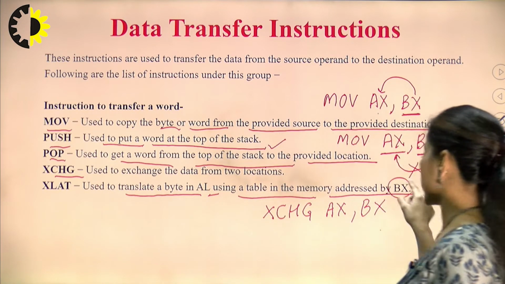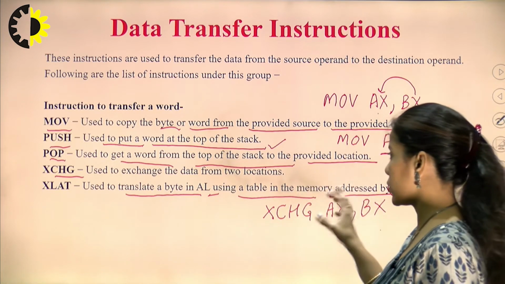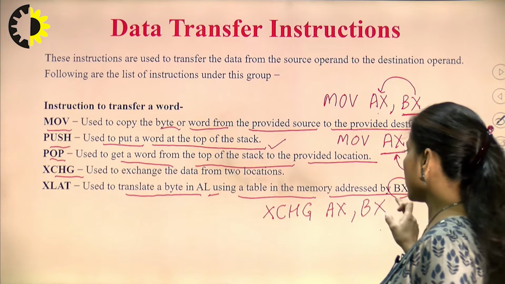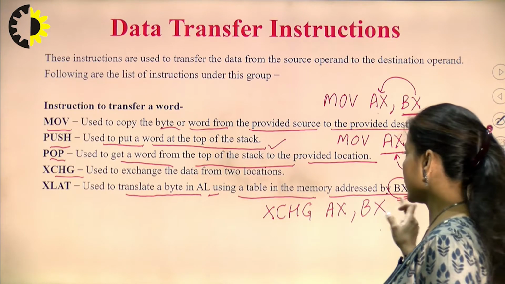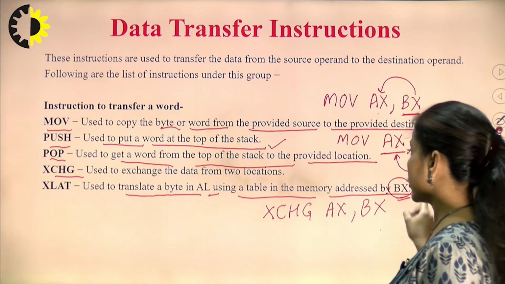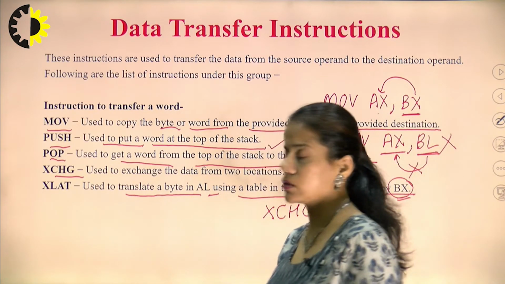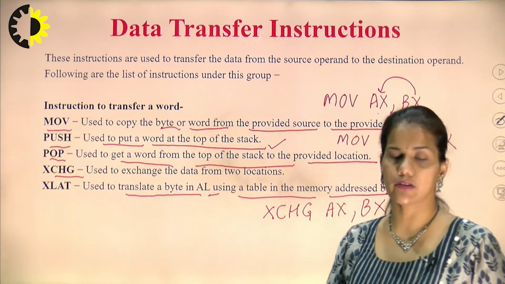BX is the effective address in this case. For the memory locations, we will use BX as if it is holding the offset address, and the contents corresponding to this memory address will replace the contents of the AL register.